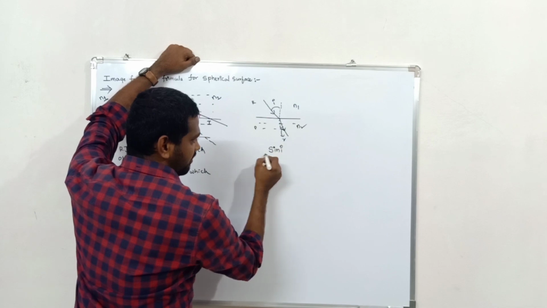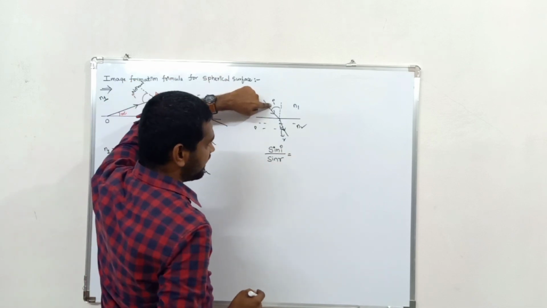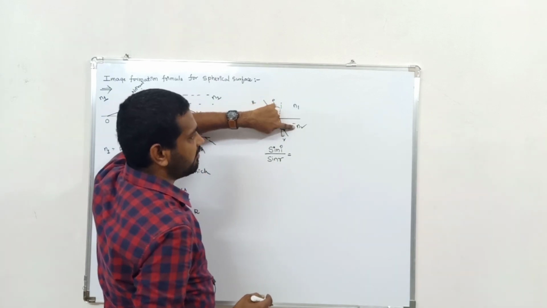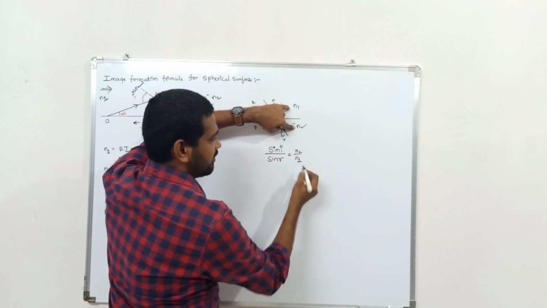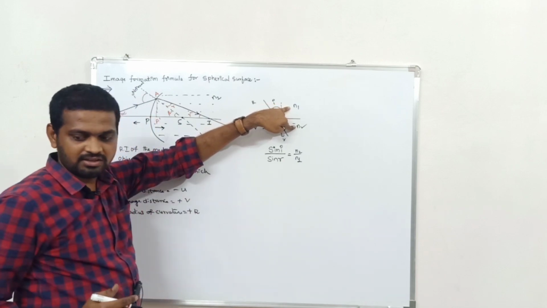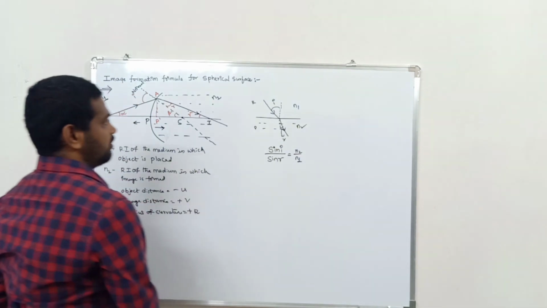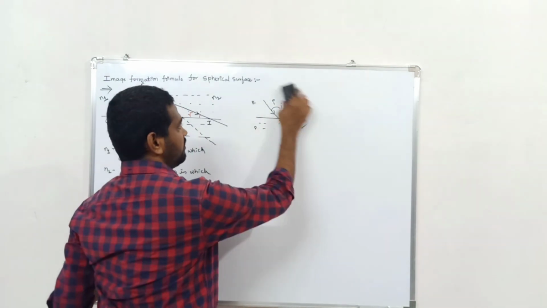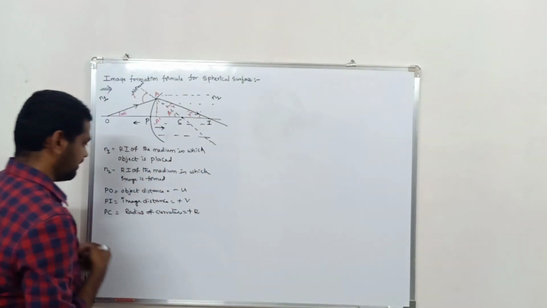Sin i divided by sin r is equal to opposite medium refractive index divided by same medium refractive index, which I explained in previous videos of refraction of light at plane surfaces. You should remember this. Sin i by sin r is equal to n2 by n1. Same terms I have taken here also.